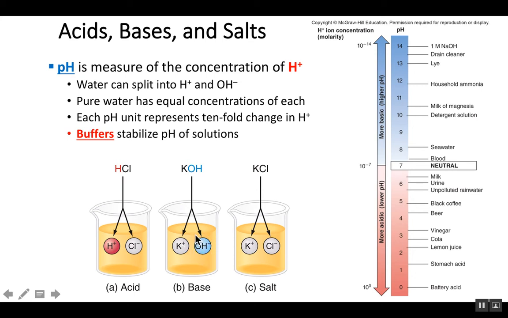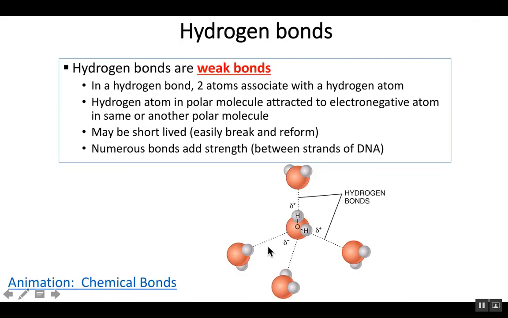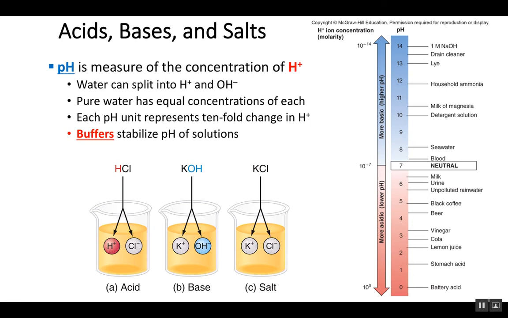So it is basic. Potassium chloride is neither. It's not an acid, it's not a base. Not all molecules are an acid or a base. What this molecule is, by definition, is a salt. A salt is when the molecule dissociates into a cation and an anion. We often refer to sodium chloride as salt, but potassium chloride is also a salt.